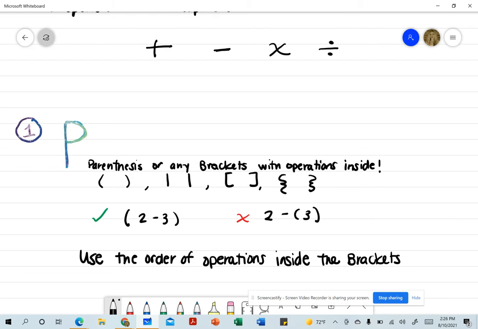So say you have parentheses in parentheses, you have to do the original parentheses first. That's what you have to do first. So what we do is we go in to out.